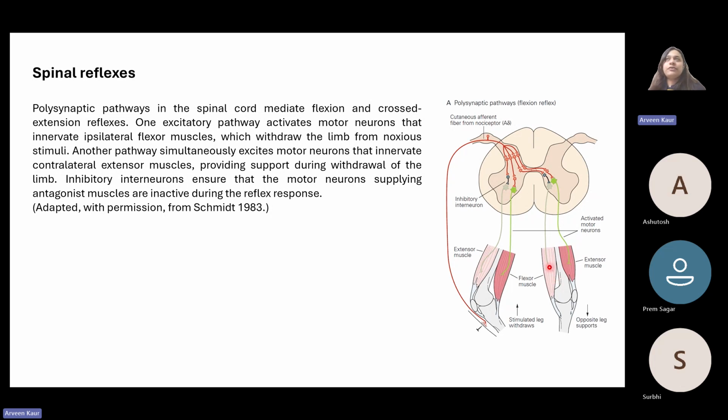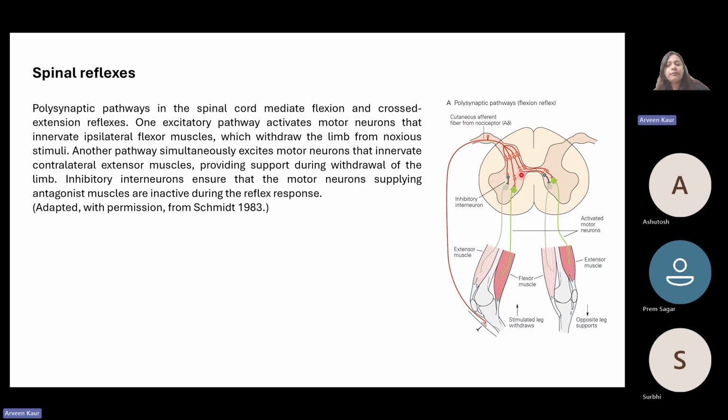So when, for instance, you have a response wherein a knee flex is happening, right? What will happen? Both your knees will not flex, right? Whichever knee is getting hit will only respond to that. If both of them respond to that, then that will also be a problem.